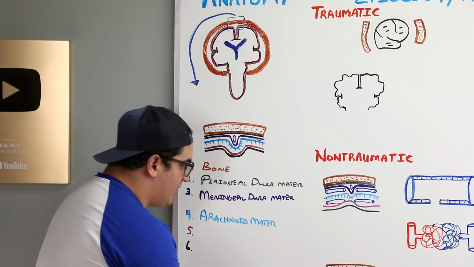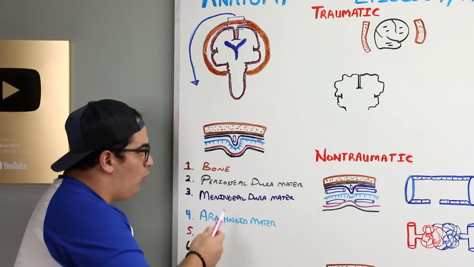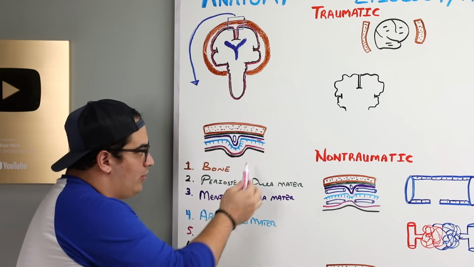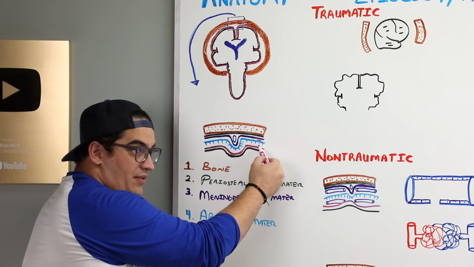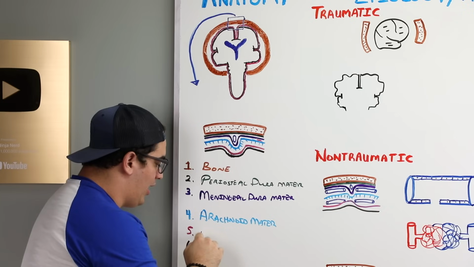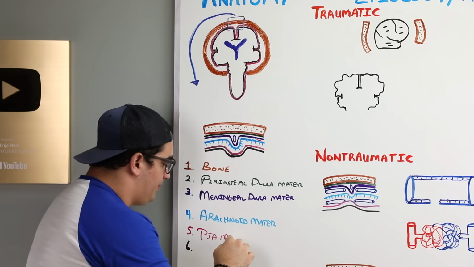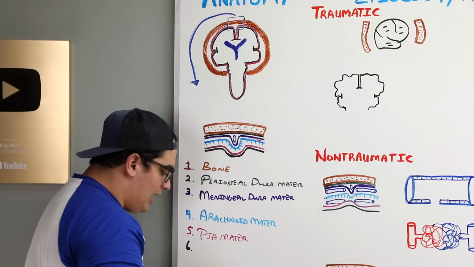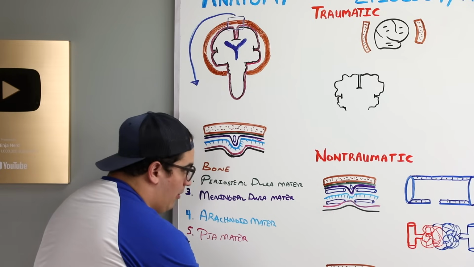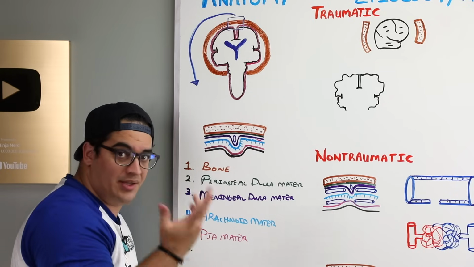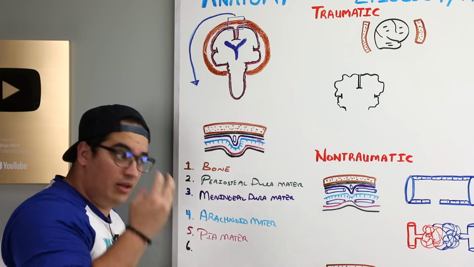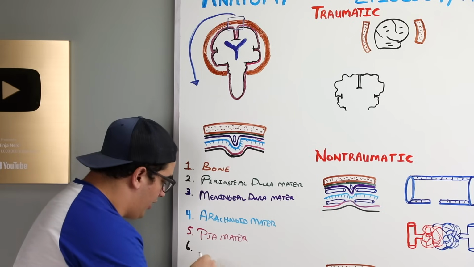But just to be consistent and go through the rest of the layers, what's underneath the arachnoid mater? Well, you have the subarachnoid space, which is filled with CSF, and then you have this pink layer called the pia mater. And last but not least, you have the parenchyma of the brain here, which is in black. And this could be the brain parenchyma, particularly of the cerebrum, right?